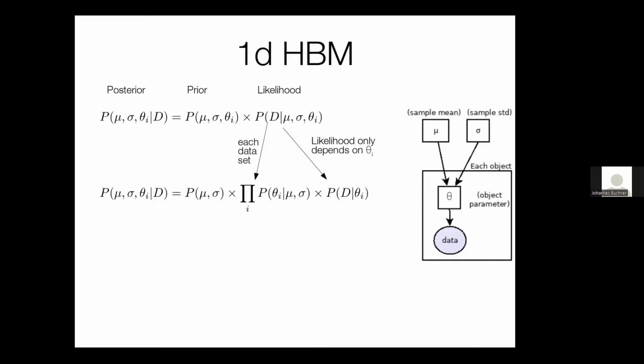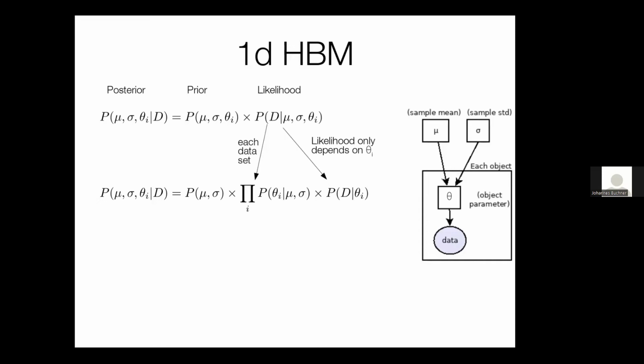And now you can separate out this prior into your prior on the sample parameters, and you have how that parameter depends on these parameters, let's say a normal distribution with a normal sample distribution.